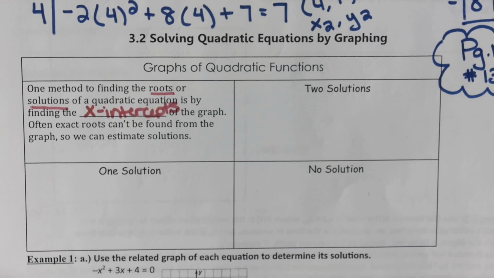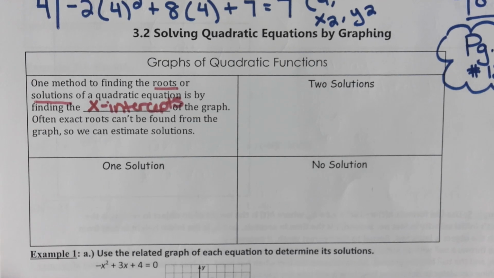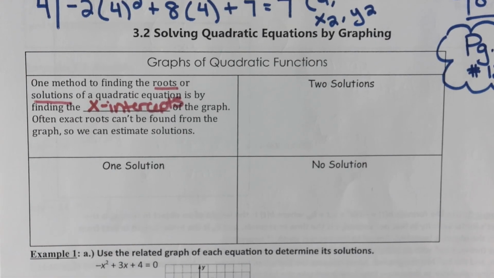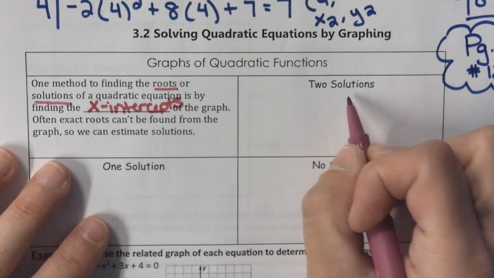Another word that we sometimes use is zeros. So roots, solutions, zeros, or we can even call them x-intercepts. When you go to solve, your solutions live on the x-axis. So wherever your graph touches the x-axis is where your solutions are.